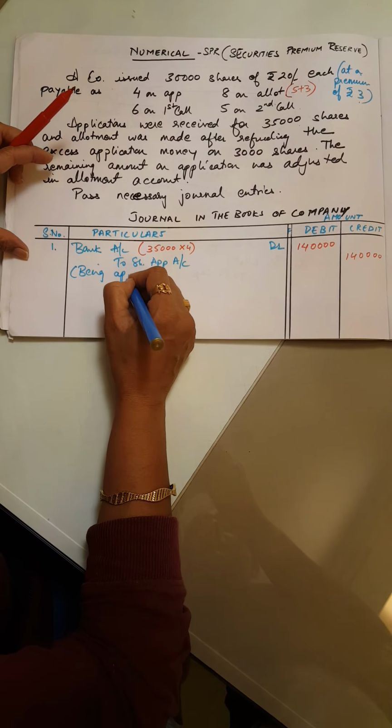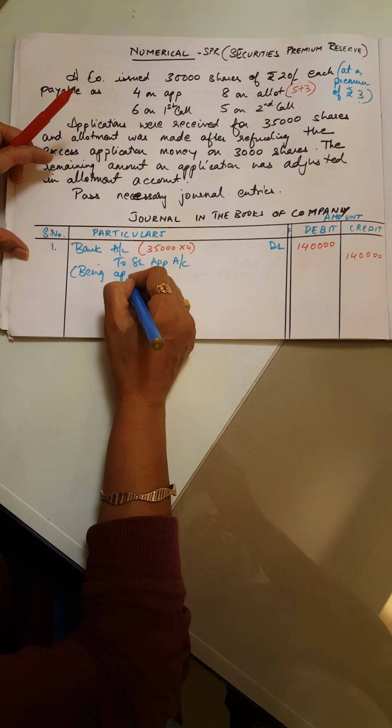Now here you have the next entry, that is you will make your allotment due. Please remember, you will not pass a separate entry for share application for adjusting in allotment, because it is always better to take it together. Now the third entry is the important entry. We are making the premium also due. So here you have share allotment account debited to securities premium reserve and share capital.